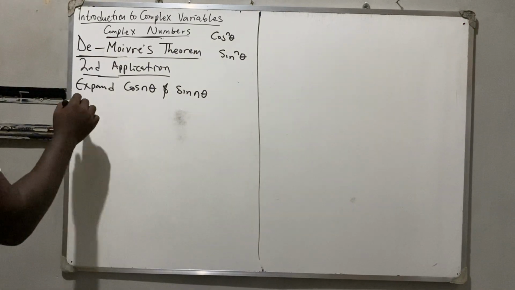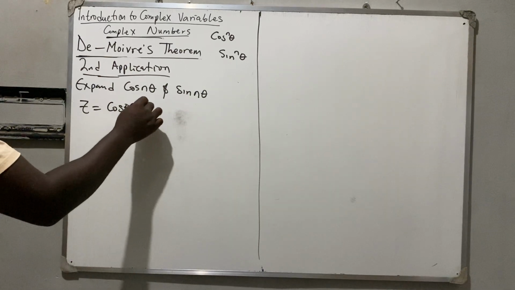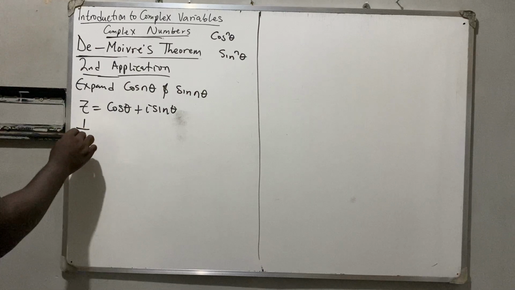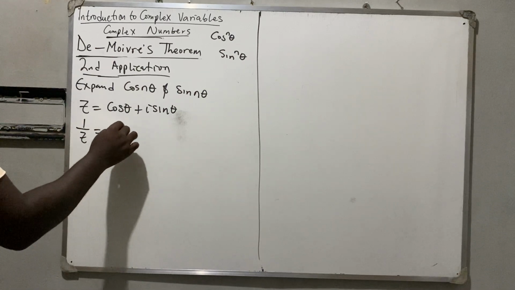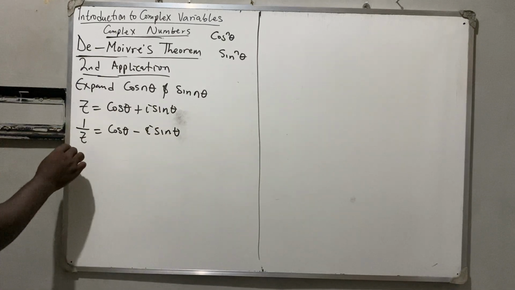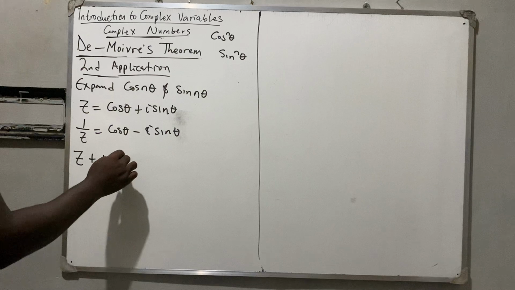We know that z normally is equal to cos theta plus i sine theta, and then we know that 1 over z is equal to cos theta minus i sine theta.